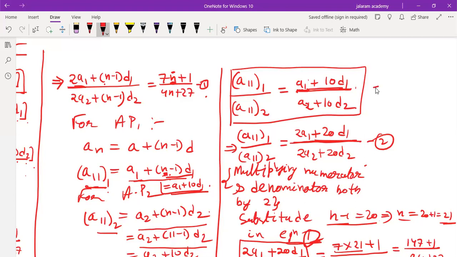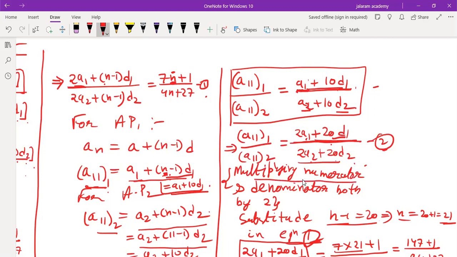So it is 2 into a1, 2a1 plus 20d1 over 2 into a2, 2a2 plus 20d2. I think this is the most confusing line, so if you have not understood, you can ask in the comment box. Now the 11th term of the first AP is to the 11th term of the second AP. When we multiply the numerator and denominator both by 2, it gives 2a1 plus 20d1 over 2a2 plus 20d2, which we consider as equation number 2.